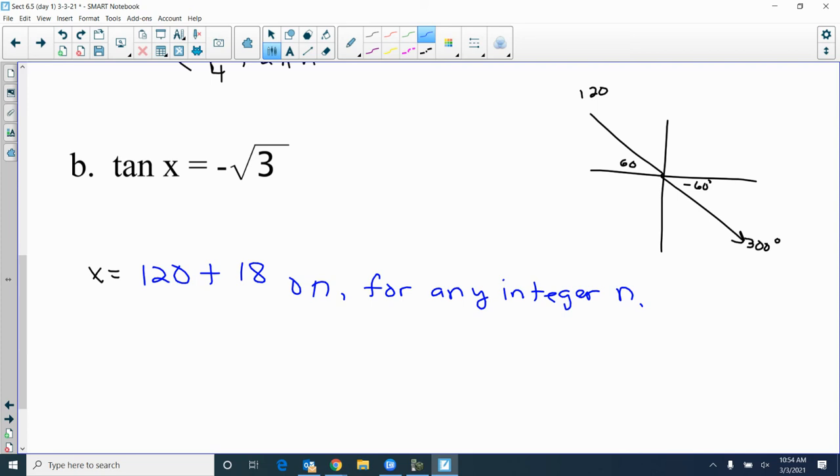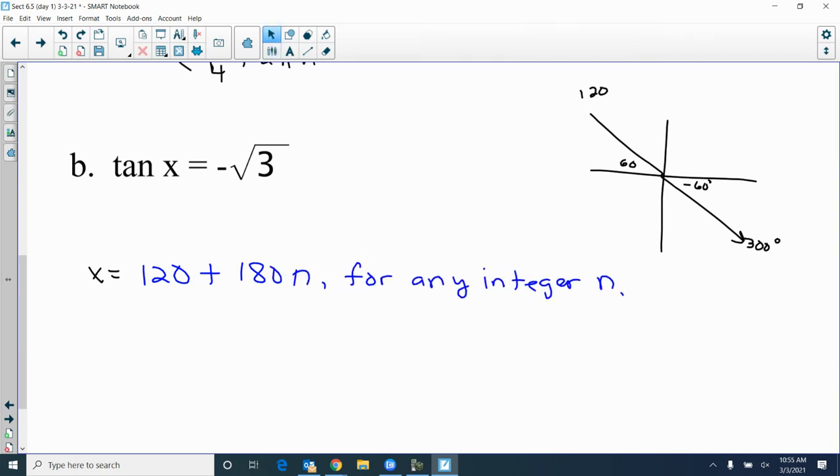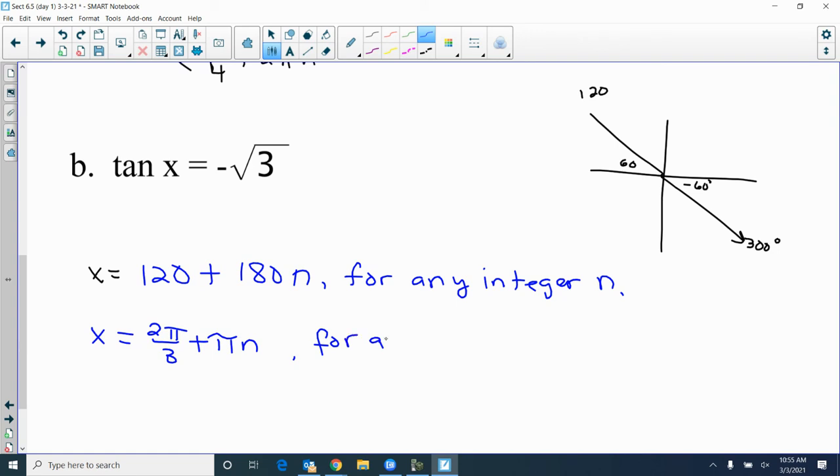You only get one set of values. There you go. Now I also have it listed in radians. What is 120? 2 pi over 3 plus pi n. And that's, again, for any integer n.